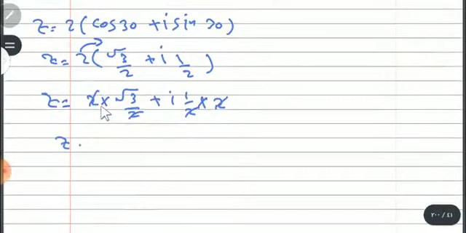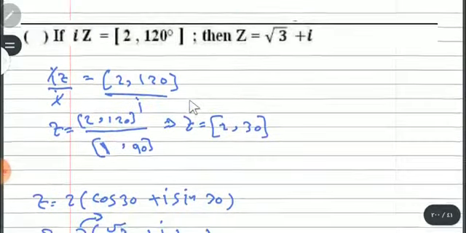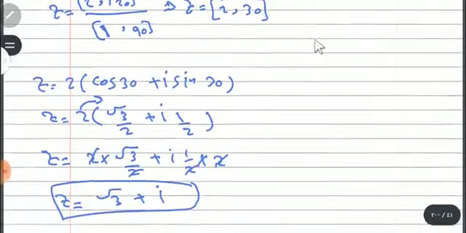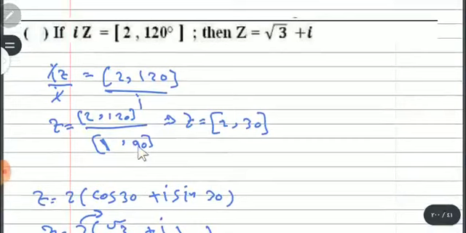Okay, so z equals square root of 3, plus i multiplied by 1, which is i. So this is z, but in algebra form. So let us see: square root of 3 plus i, square root of 3 plus i. So the answer is correct.